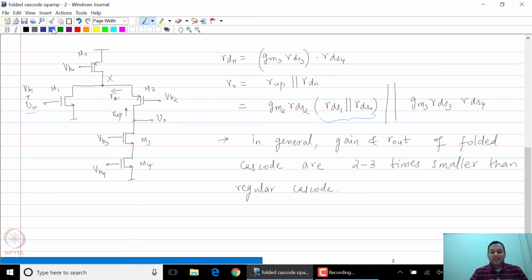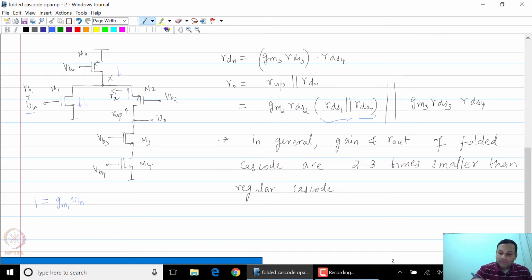So when I apply this V in between the gate and source of M1, you will have a current I1 flowing through M1. I1 should clearly be GM1 times V in. And this I1 has 2 paths to flow. The first path is through transistor M0. The second path is through transistor M2, of course with the opposite direction, since I have already chosen the directions.